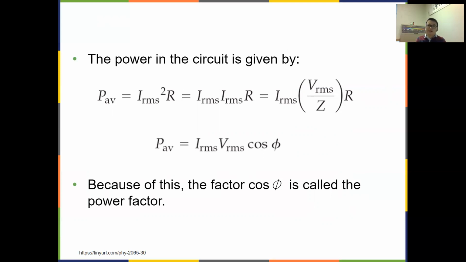You can write one of the I's as V RMS over Z. So then the whole thing will be V RMS times I RMS times R over Z. So R over Z happens to be the cosine phi, and this is also called the power factor.